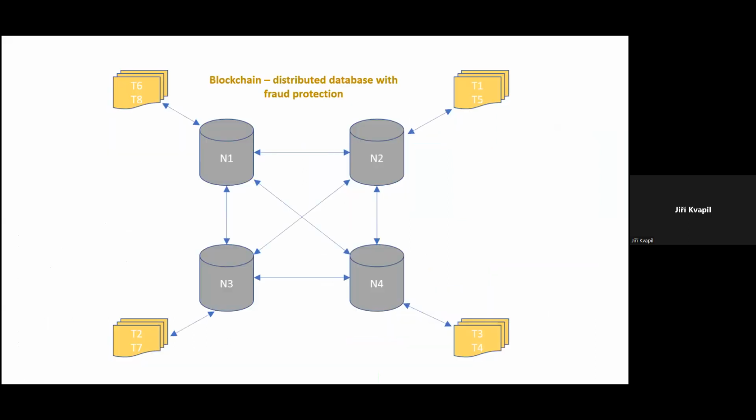So one could say, okay, so it's just a database. Of course it's a database, but it's mostly a distributed database with fraud protection, as we have already seen, so that no one can alter or change a transaction which has been done in a blockchain, because from the technological principle, it's not possible.